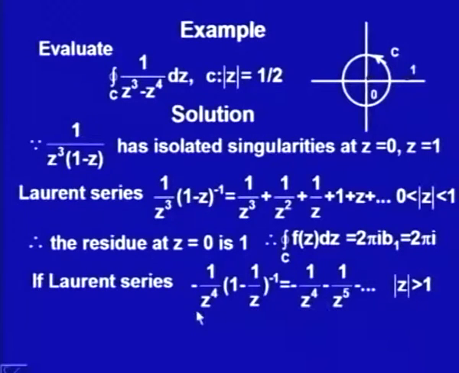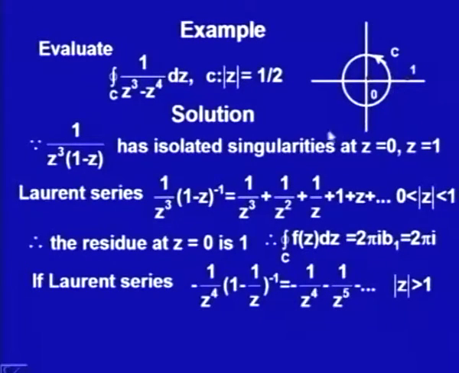This series is valid for mod z greater than 1. That says I would be going outside, while I am actually integrating on mod z equal to half, and this series is valid for mod z greater than 1, that is, it is not valid in this region. So, if I use this series, this would be wrong.